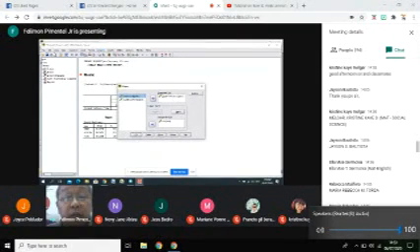The dependent list will still be English proficiency. But this time, we transfer sex back to the variable space, and in lieu of sex, we transfer the grade level to the independent list. So we click OK.